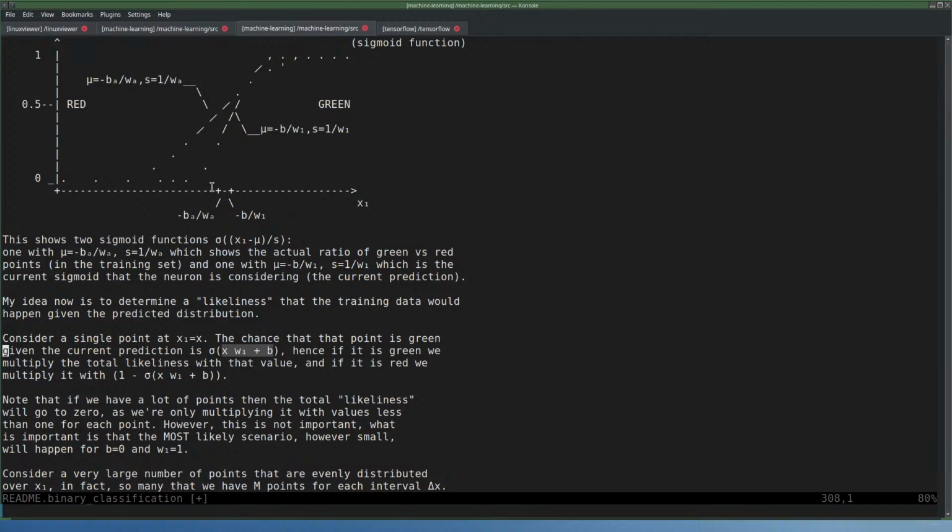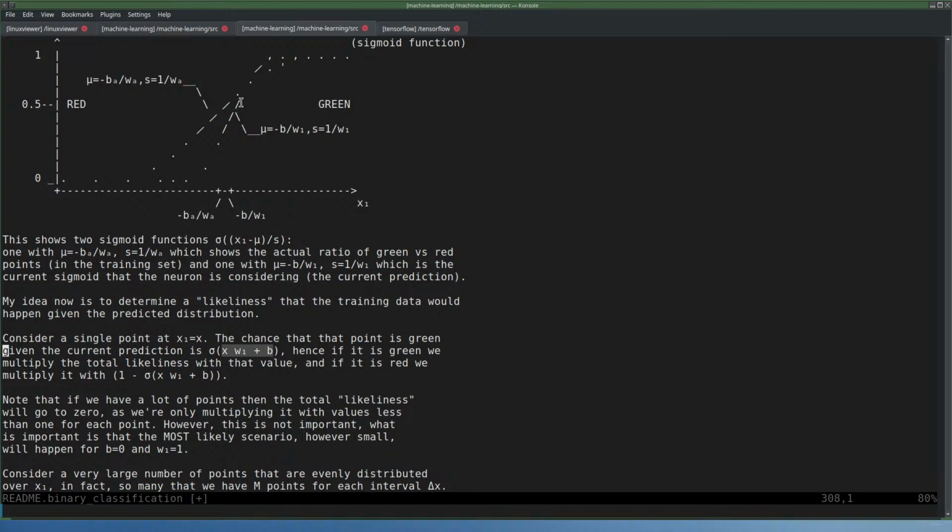I mean, if x is small, then it is red. If x is large, it's green. If x is around here, then the chance is about 50%. The more we go to the right, the larger the chance that it is green. So literally the sigmoid here. Hence, if it is green, we multiply the total likeliness with that value.